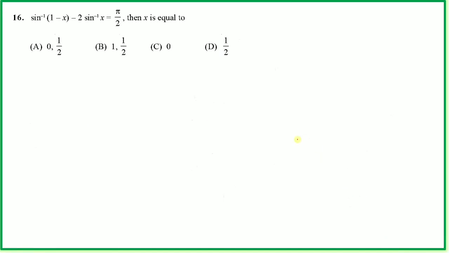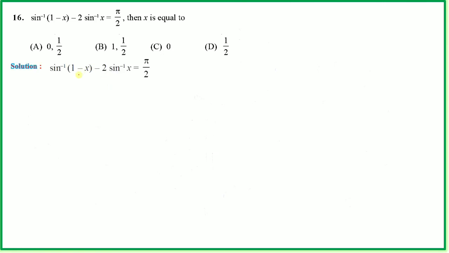Next question number 16 says sine inverse 1 minus x minus 2 sine inverse x is equal to pi by 2. Then find the value of x. So out of these 4 options we will have one out for this.